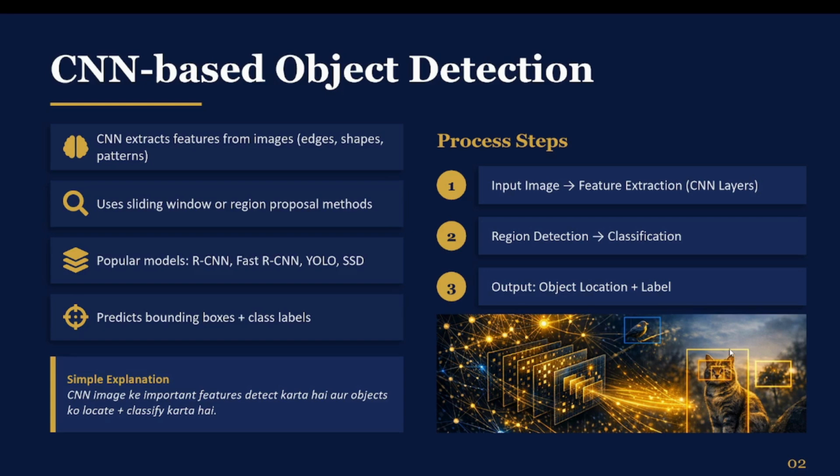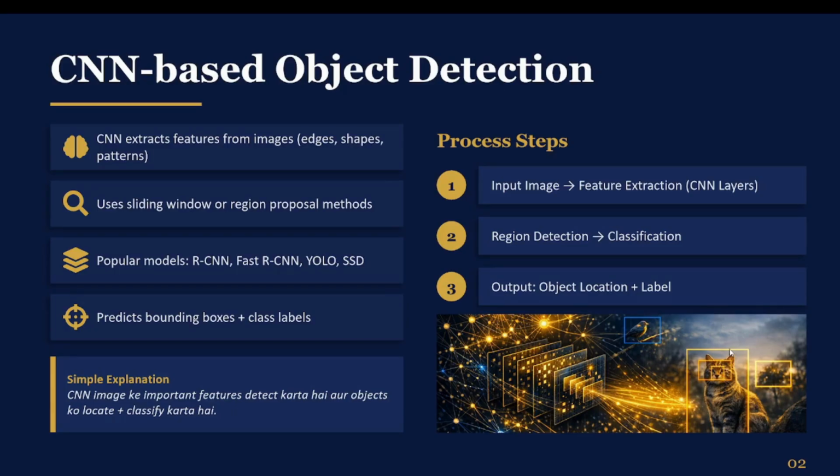YOLO, which stands for You Only Look Once, is one of the most widely used models today because it processes the entire image in a single forward pass, making it extremely fast and suitable for real-time object detection. SSD, single shot multi-box detector, is another fast and accurate model that detects objects at multiple scales in a single pass.